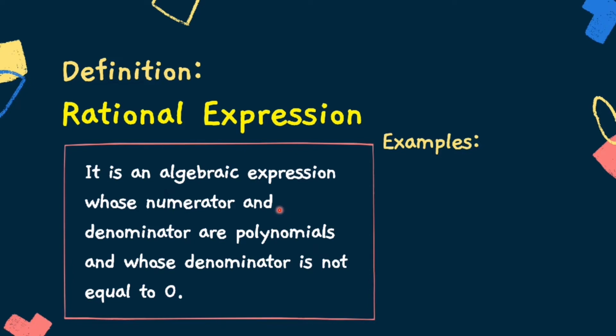So that is a no-no to a rational expression. So we have here an example of a rational expression, 2 over x or 2 divided by x, given that the denominator x here is not equal to 0.